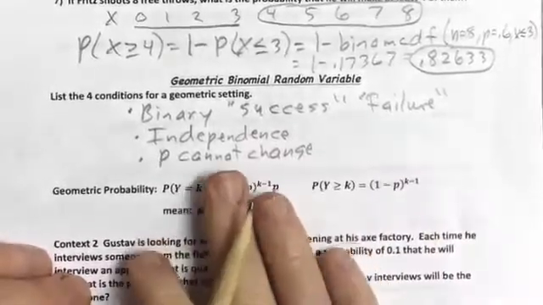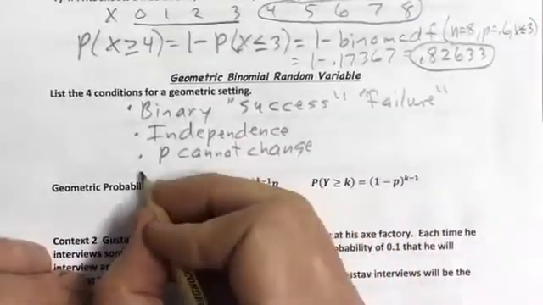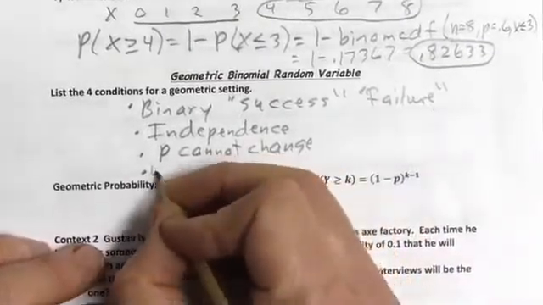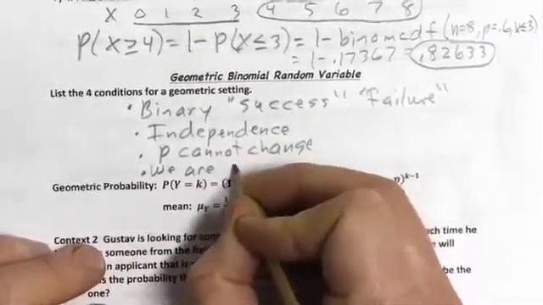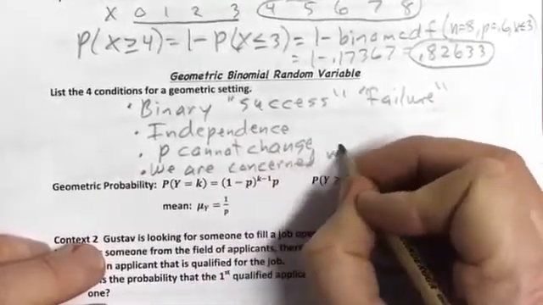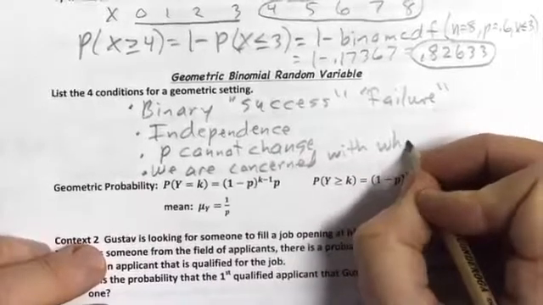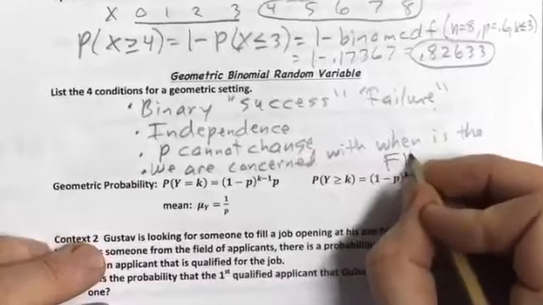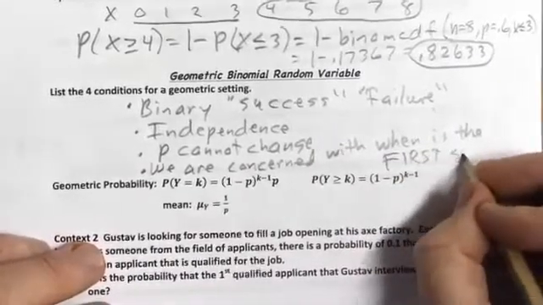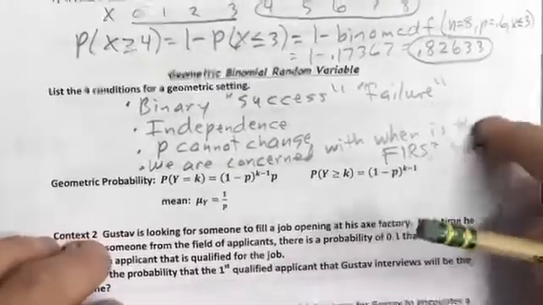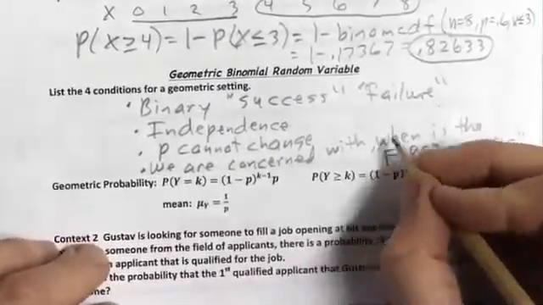But, and here's what's different, we don't have a fixed number of trials like we do in binomial. We are concerned with when is the first success. That is all we care about in regards to geometric.